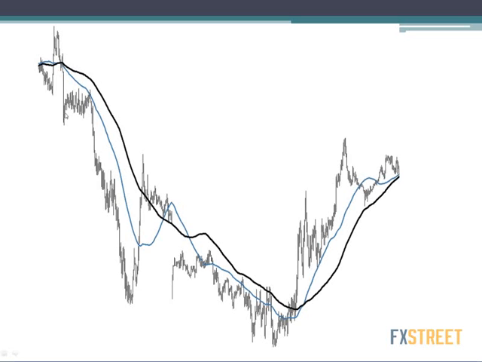And then we have price really racing lower, and as it does so, the fast line is going faster. It's making the change much faster than the slow line because immediate price action is showing us that. But we have context for what's going on with price at any given moment based upon the comparison that we have between the fast line and the slow line.